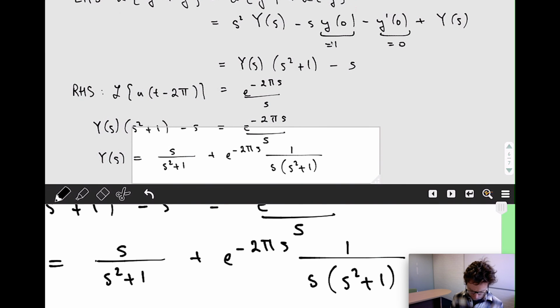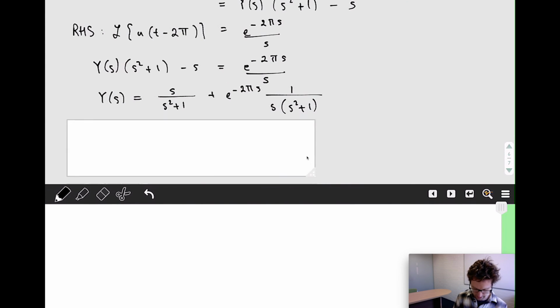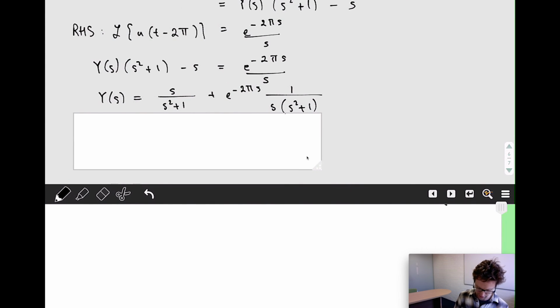Okay, so we're going to look for the inverse Laplace transform of this expression here. The first one is fairly straightforward. That's just going to give me a cosine. The second one involves an e to the minus 2 pi s times some complicated looking function. So I want to take that complicated looking function and use partial fractions to simplify it.